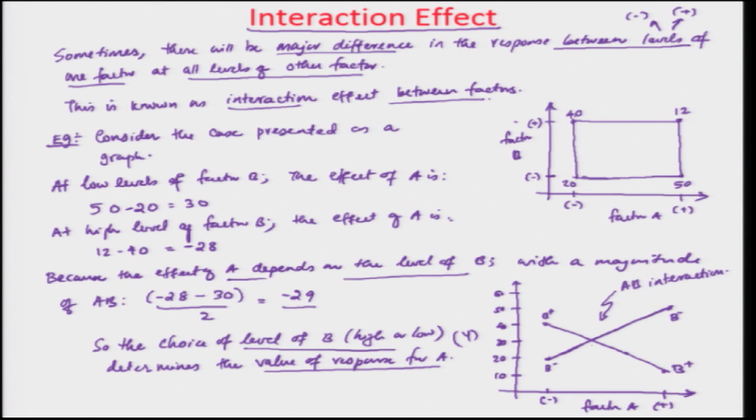If B is at a high level, then A shows a reducing behavior. I hope this makes sense to you guys.